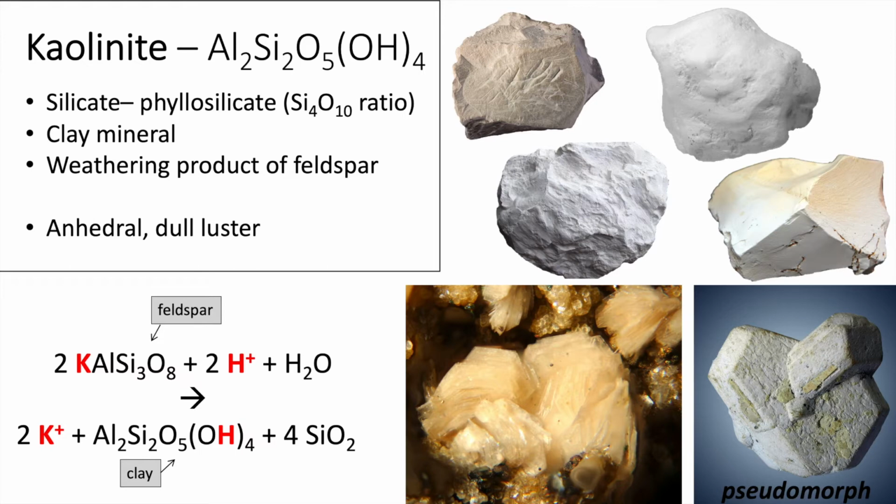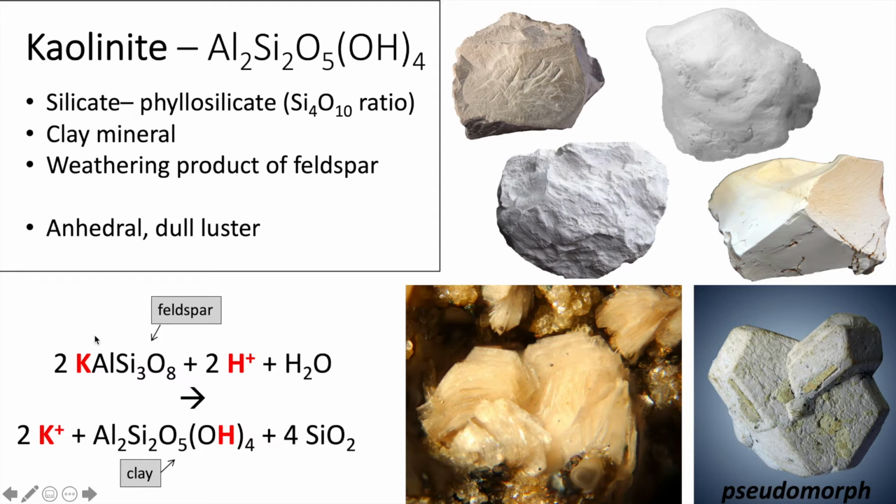And so I've got a chemical formula indicating that in the lower left here. So we have a formula for, say, a potassium feldspar in this first part of the equation, and we are adding a hydrogen ion here, and water.